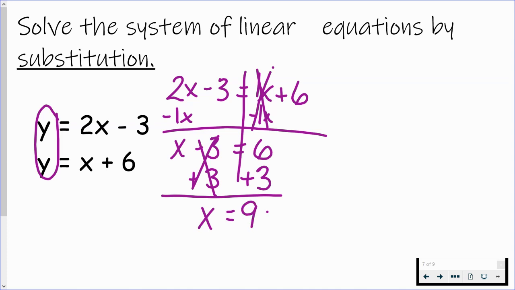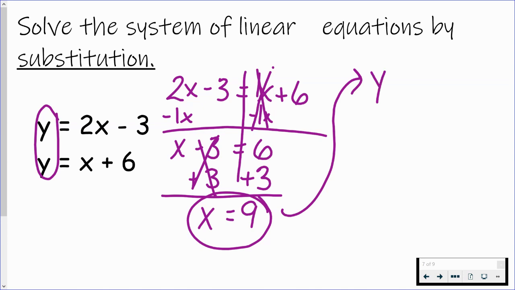Now that I have my x, I need to substitute it back into one of the equations to get the y. Again, it does not matter which one you work with. I always like to say choose the friendlier looking one, but realistically, it does not matter. I'm going to choose the second one just because the x just has 1 as the coefficient, so that'll be nice to work with.